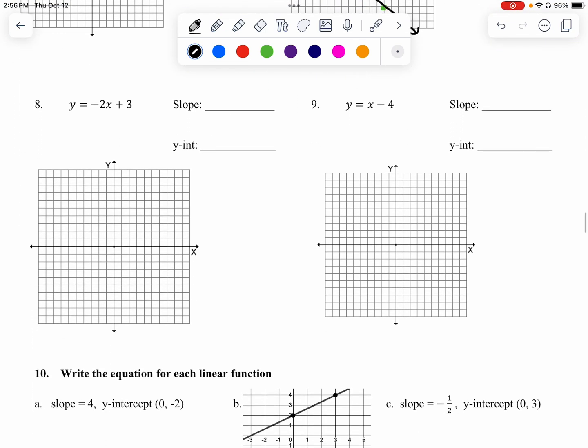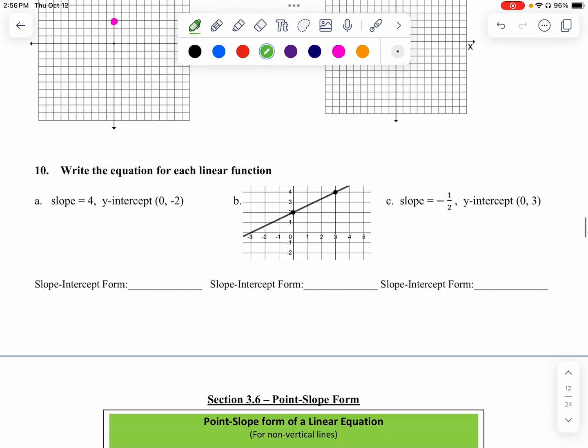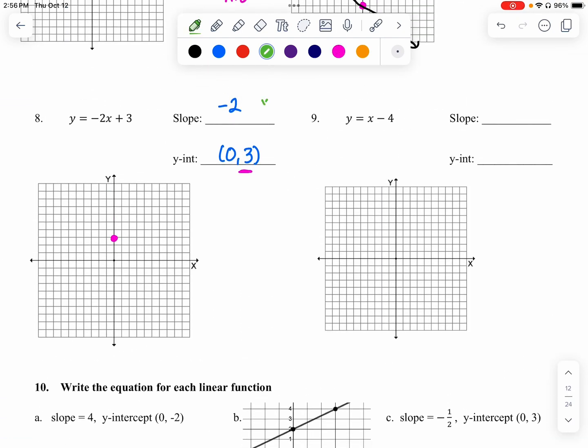So looking at another one, my slope is -2, and my y-intercept is 0, comma 3. So we're going to begin at b, so begin at our y-intercept. So we'll start at 3. And then for my y over x, I'm missing the over x.